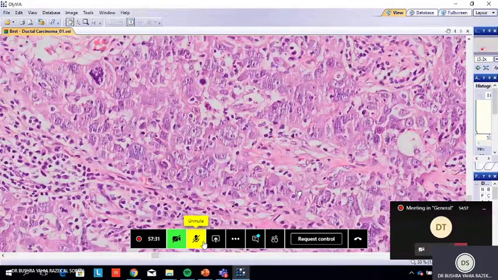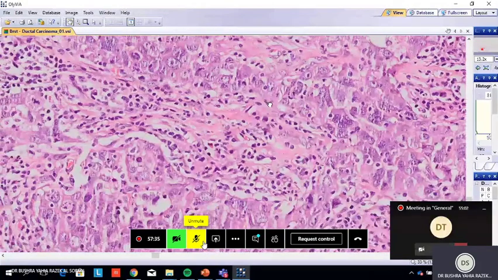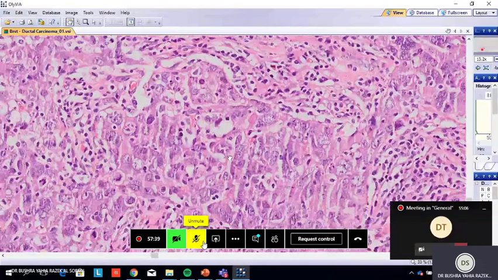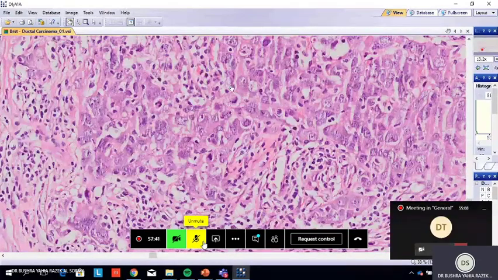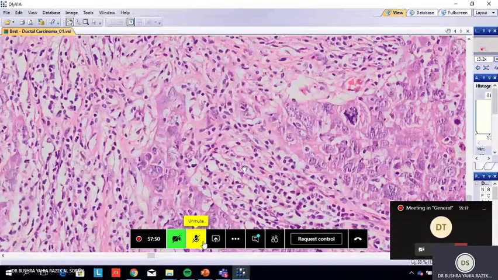Tubular formation is less than 10%, nuclear polymorphism is marked, and there is a high mitotic figure count, maybe more than 20. Also the stroma shows desmoplastic reaction.